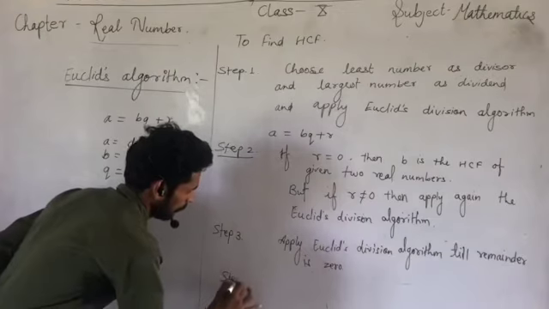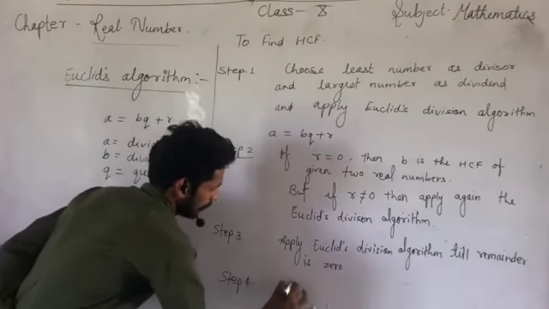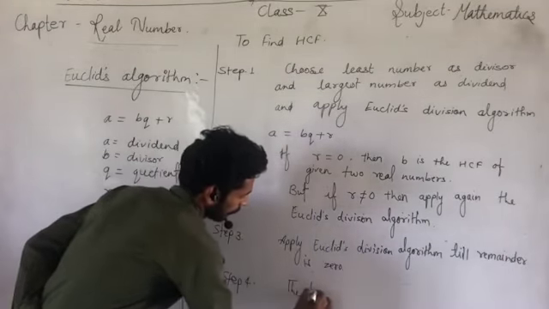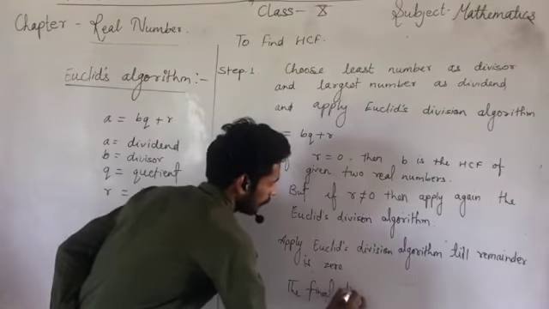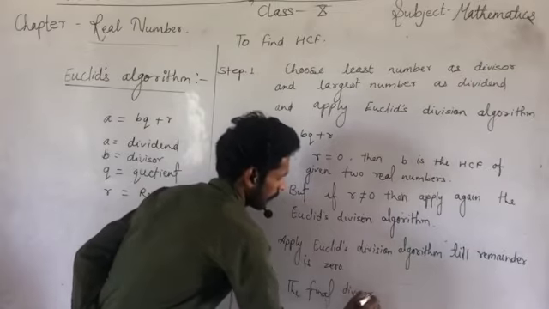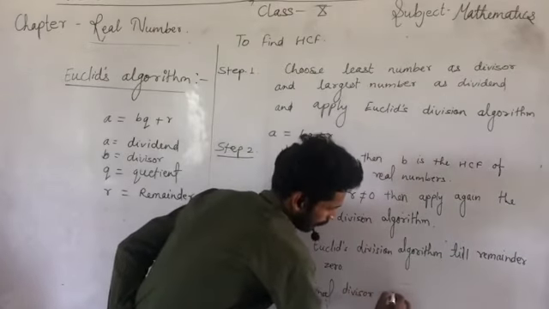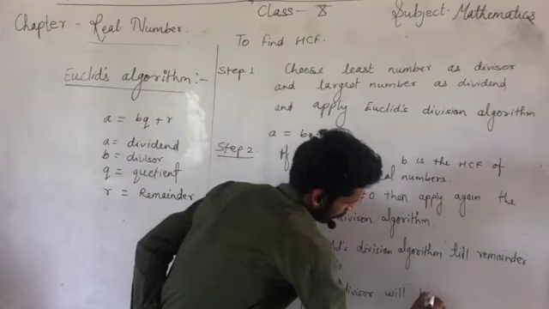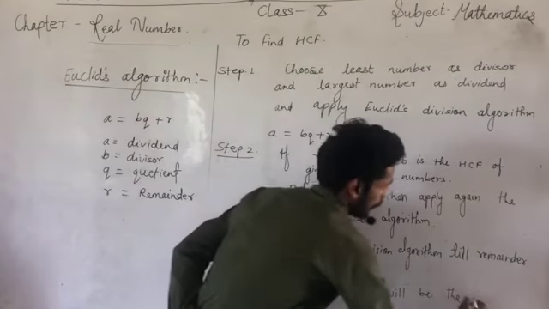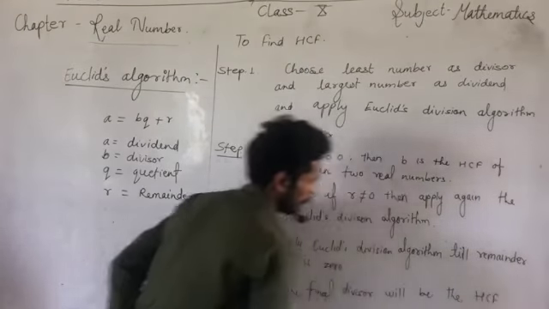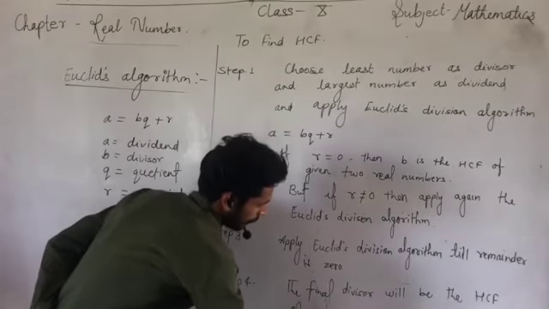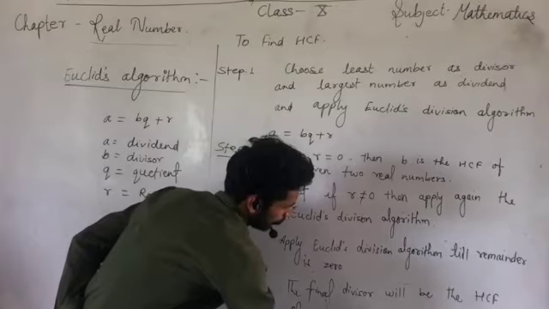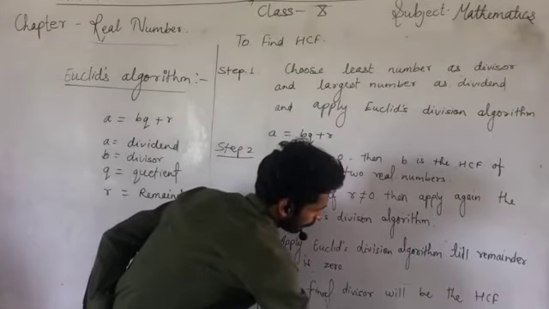Step number 4. The final divisor will be the HCF of the given two real numbers.